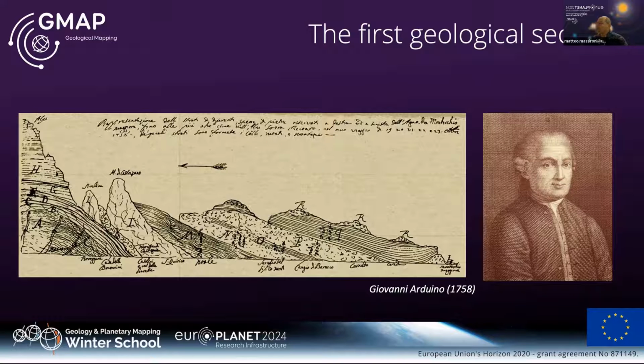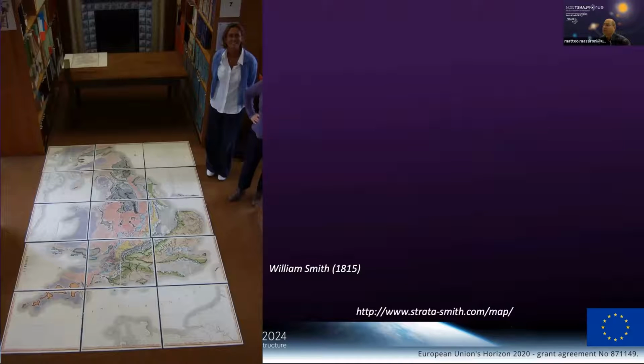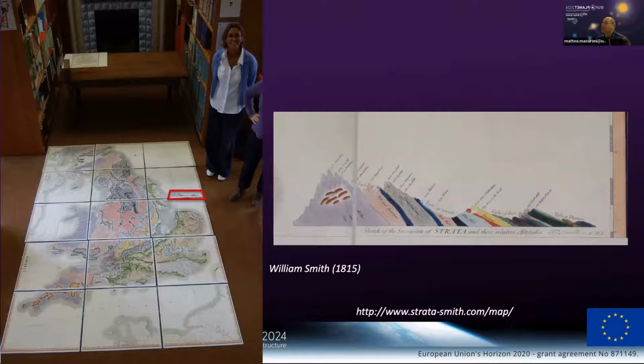So at the beginning, the geological section was just the interpretation of field observations, without actually a geological map. With William Smith, that we see here, the map again, now at scale, there is my wife for scaling reasons. And if we see this tiny portion, we see the geological section by William Smith integrated into the first geological map. He is showing us very clearly the overlapping relationship between the different units.